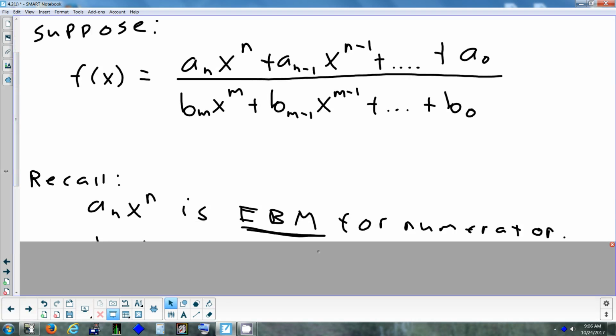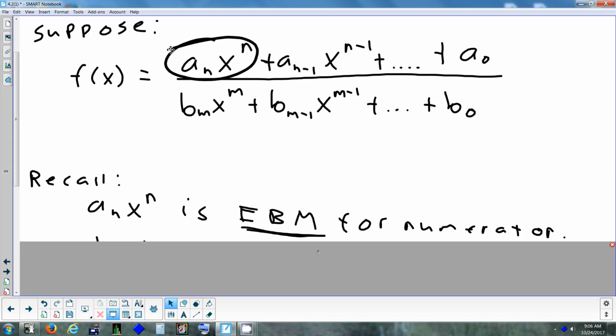Okay, so we talked about the end behavior model, the thing that basically predicts what this is going to look like. So for the top, that's the end behavior model. It has the highest exponent, so ultimately it's going to control what the top looks like.